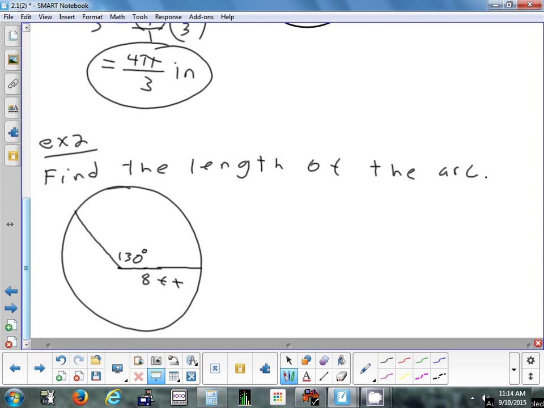Okay, this one I just drew out the picture rather than writing it out in words. So you've got a circle with an angle of 130 degrees, a radius of 8 feet. Find the length of the arc. Okay, Andy, first thing I want to do is start off with my formula. What's my formula for the length of an arc? S equals radius times theta. Good.